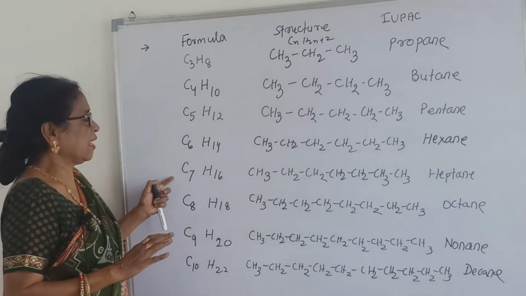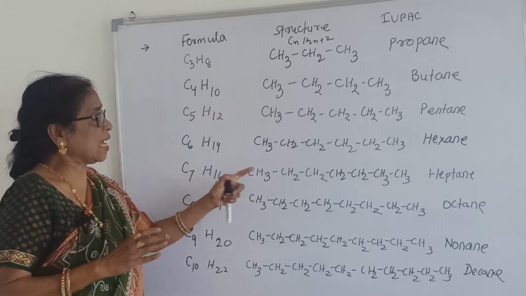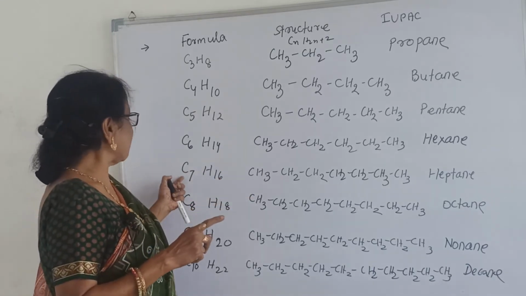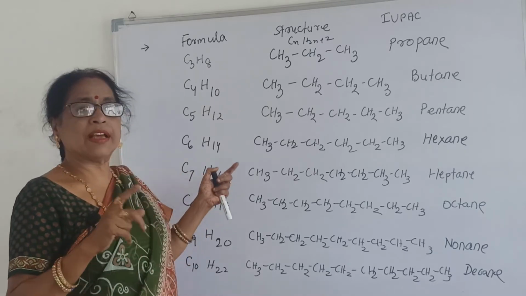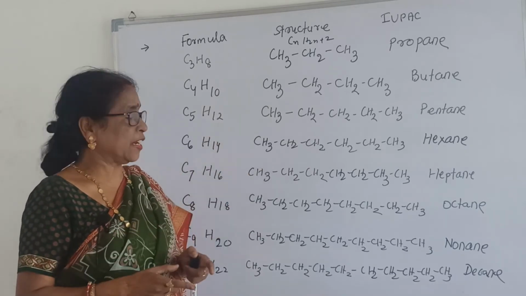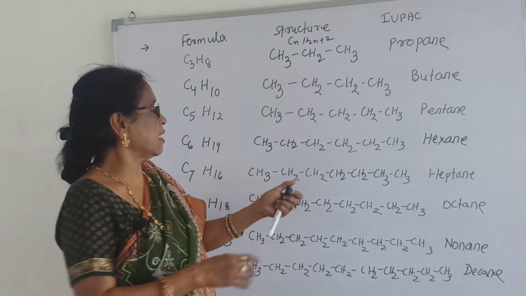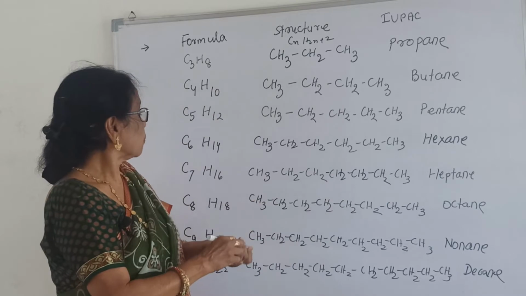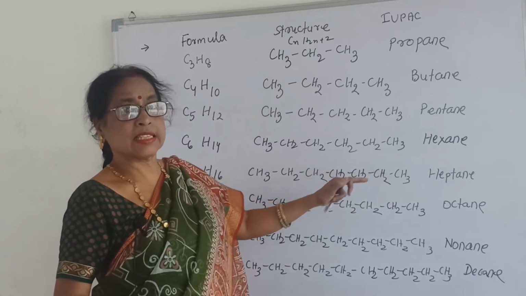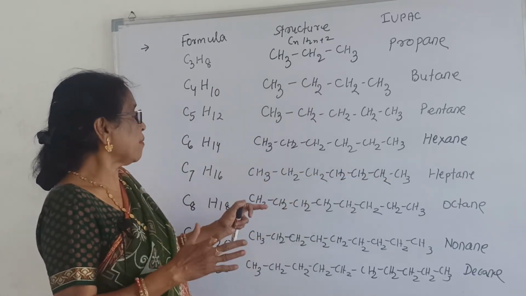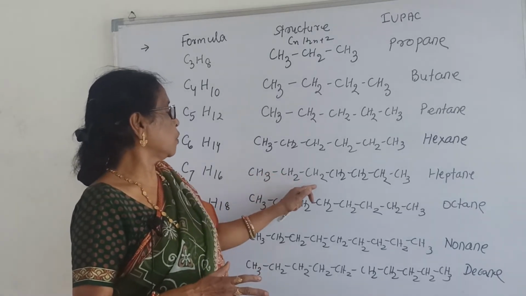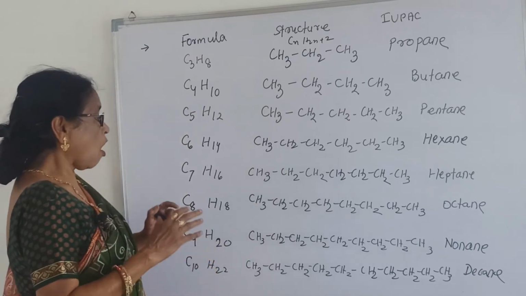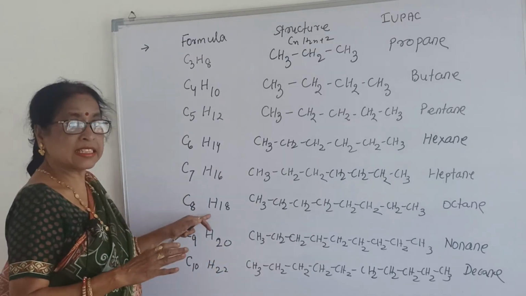Then heptane: first CH3, last CH3, and carbon number 7, so N equal to 7, C7H16. The first and last are CH3, then remaining is 5 times CH2: 1, 2, 3, 4, 5. Okay, correct, heptane. Then octane, 8, C8H18.